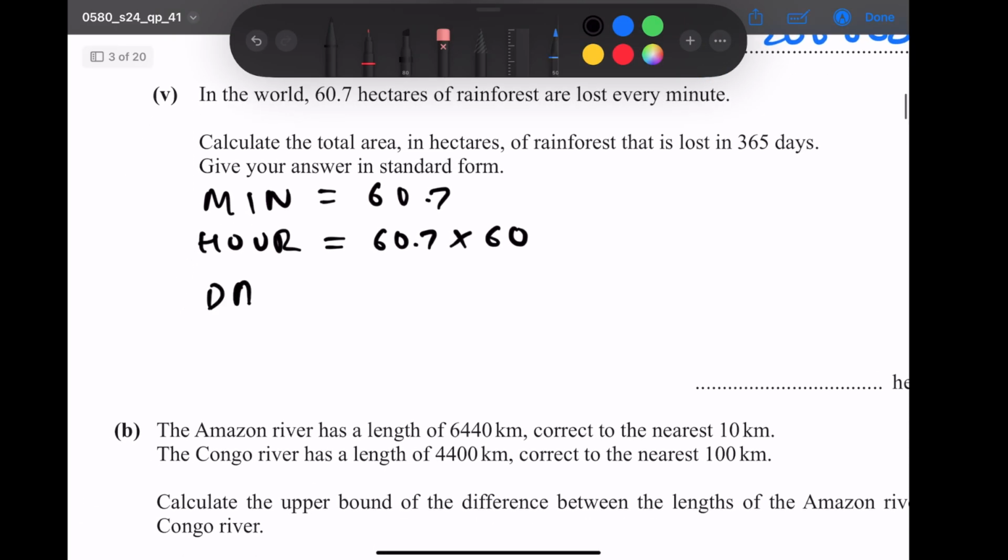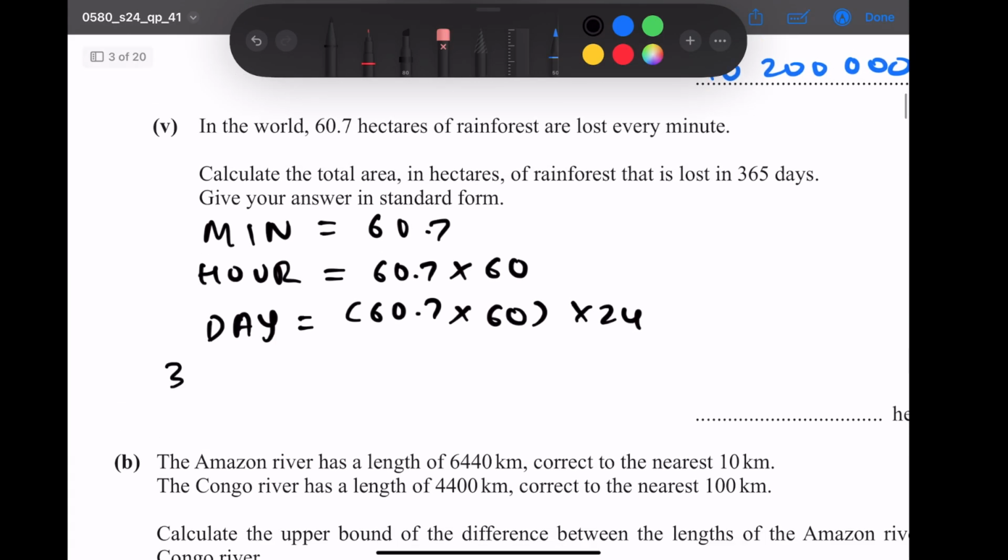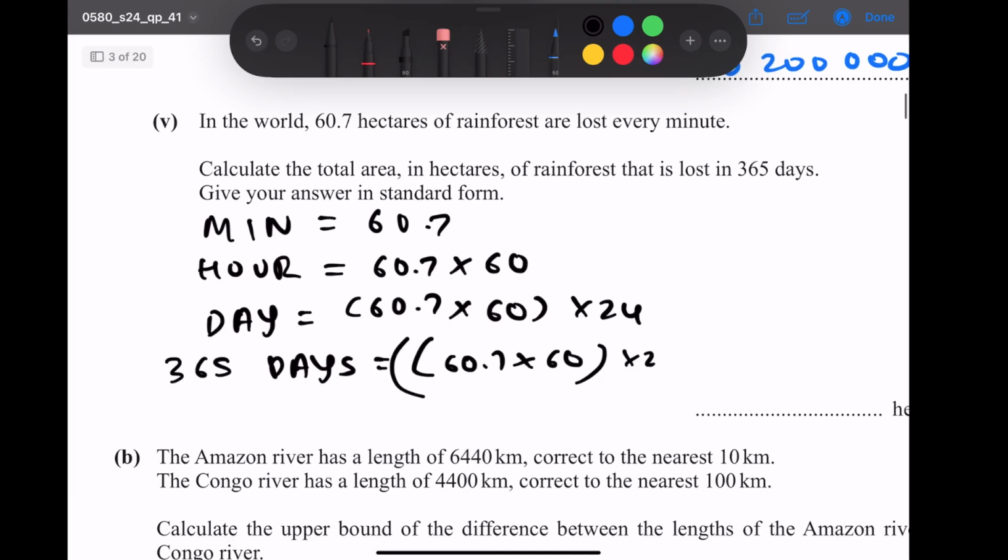Now every day would be equal to the amount lost in every hour, 60.7 times 60 times 24, since in one day there's 24 hours. Therefore, in 365 days, which is what the question is asking us, it would be 60.7 times 60, times 24, and times 365.